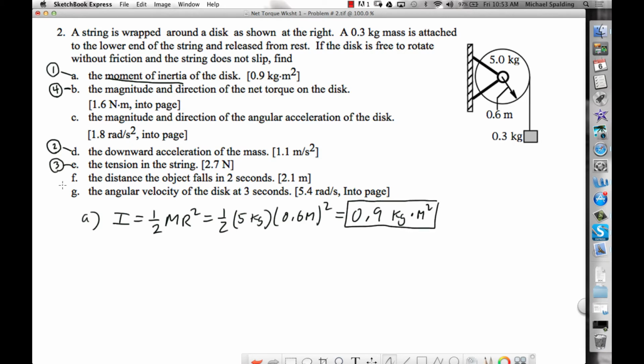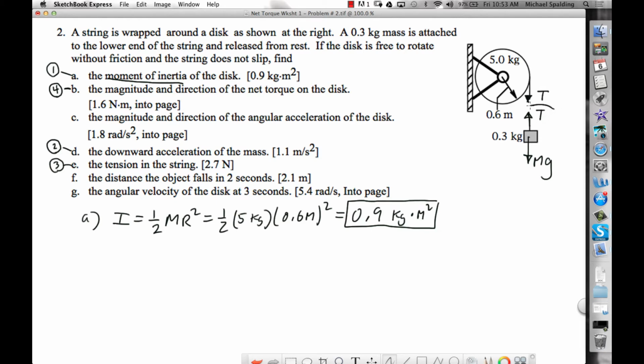Now let's skip to part D, the downward acceleration of the mass. One thing I want to point out: what's providing the torque on this wheel? We have this mass hanging here, so we have mg down for the mass, and then tension up. And here we have tension down.